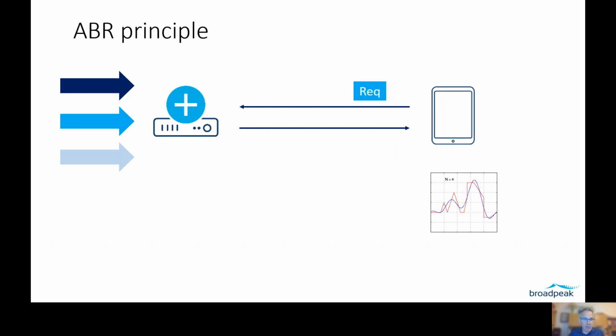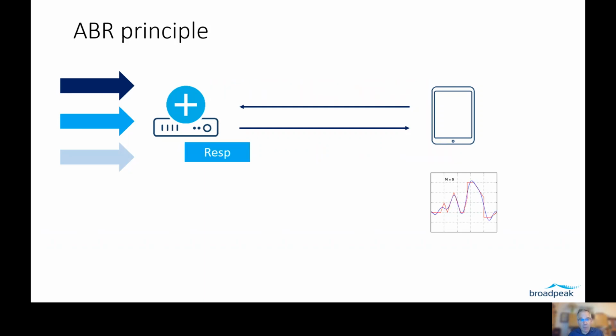All the substreams are split into segments of equal duration, for example 2 seconds. On the right side, the player requests segment after segment, and for each segment it requests a particular quality, a particular bitrate, according to its bandwidth estimation and its video buffer occupancy.